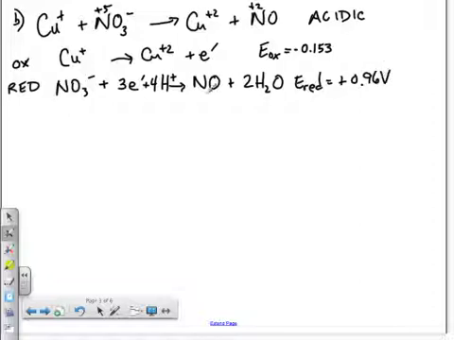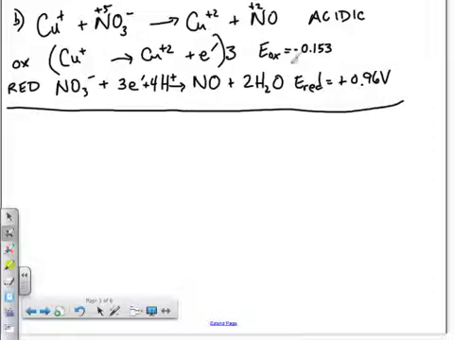Now I've got to do some multiplying, times 3. I will not be multiplying this oxidation potential by 3. We haven't done that before, and we're not going to do it now. That 3 is there to balance this particular combination, but it does not affect the EMF for that change. Bringing everything down, the electrons cancel out.